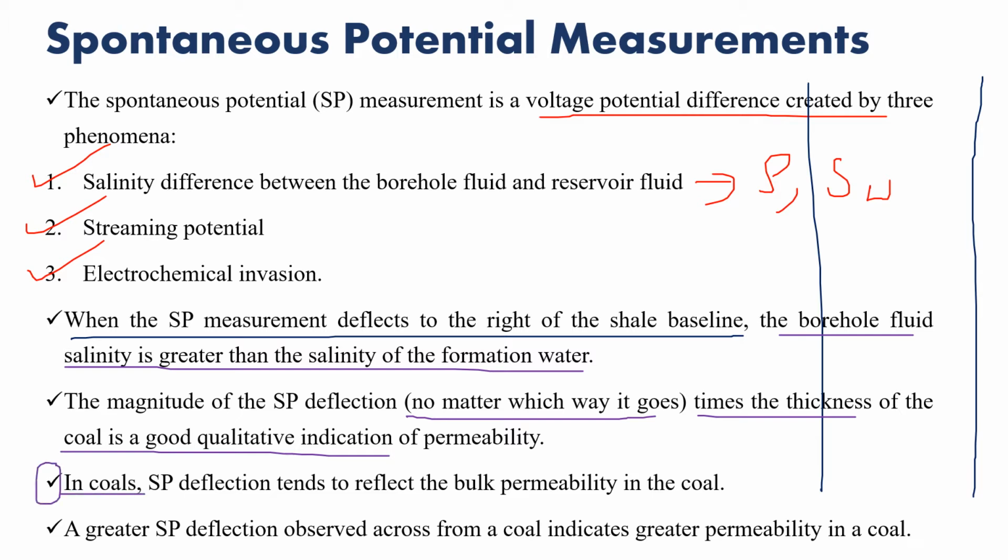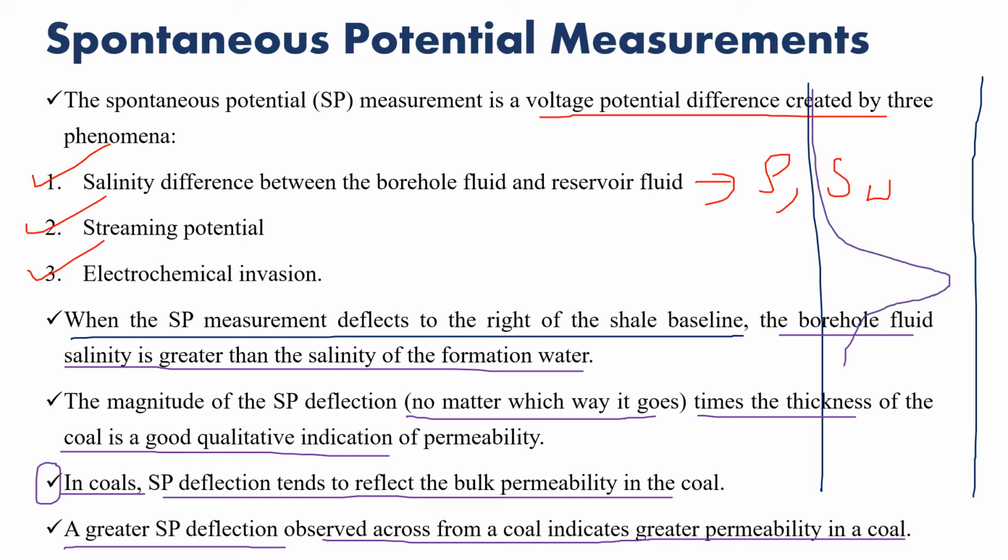In coals, SP deflection tends to reflect the bulk permeability of coal. A greater SP deflection observed across from a coal indicates greater permeability in the coal. If the SP deflection from the shale baseline is greater, it means there is more permeability across this zone. So we know one measurement: we can estimate the variation in permeability but not permeability directly.